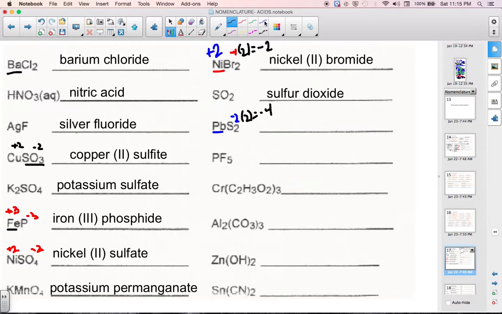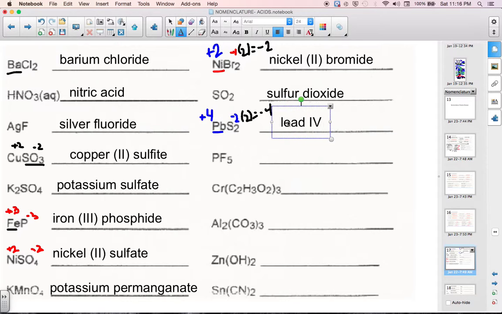So I know that my lead has to be a +4. Okay, so to name this using the Roman numerals, I have to write lead 4 sulfide. Notice I didn't write sulfite or sulfate; it's "ide" because there are only 2. It's binary.